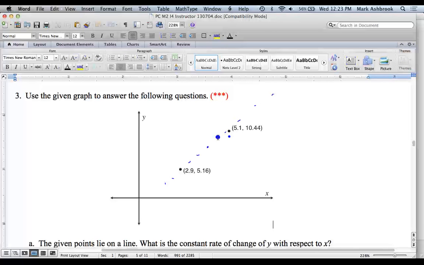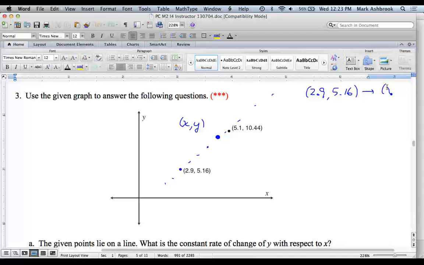That's going to be our final point, but it represents any point on the line, so we call it xy. Here's our initial point, 2.9, 5.16. By going to a generic xy and finding that value of y, we get the equation of the line.